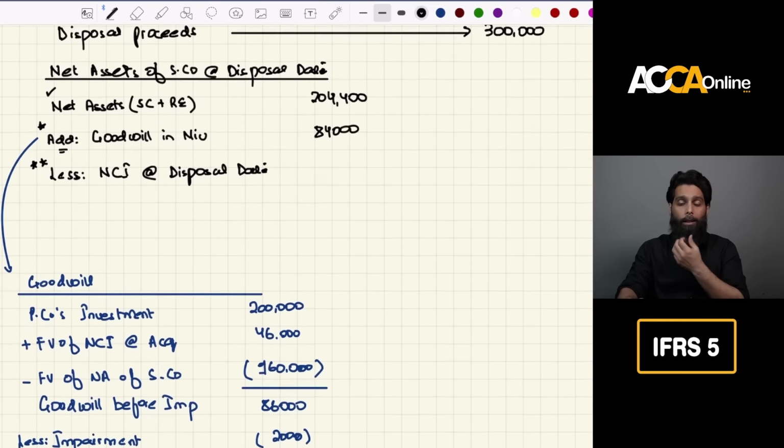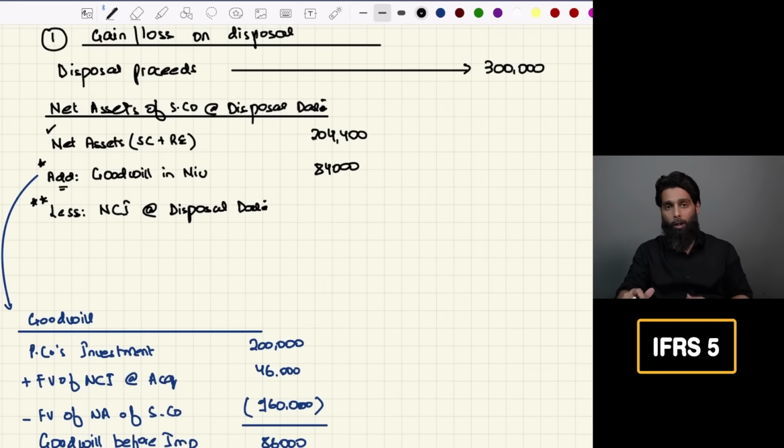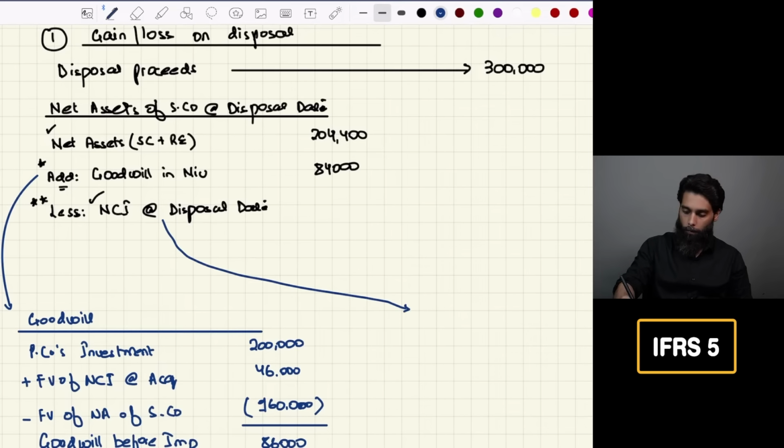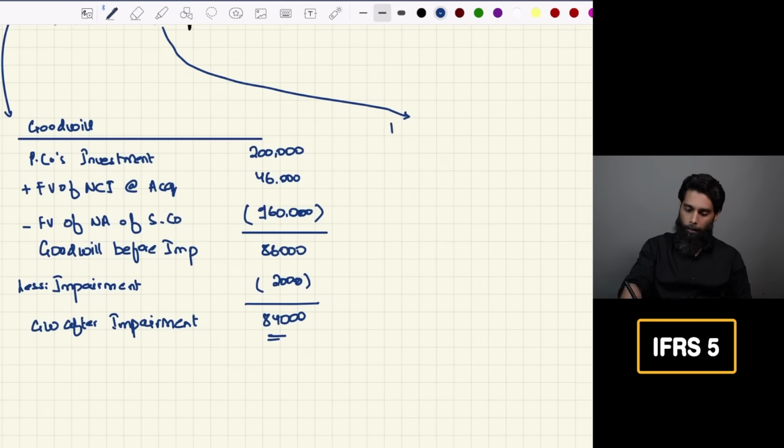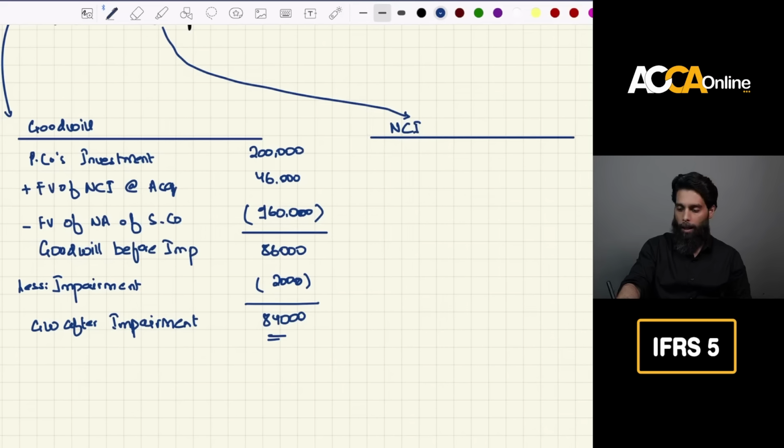And now, before I conclude on my working of gain or loss on disposal, I need NCI as well. So let's work out NCI now. And you guys know how to work out NCI, right?